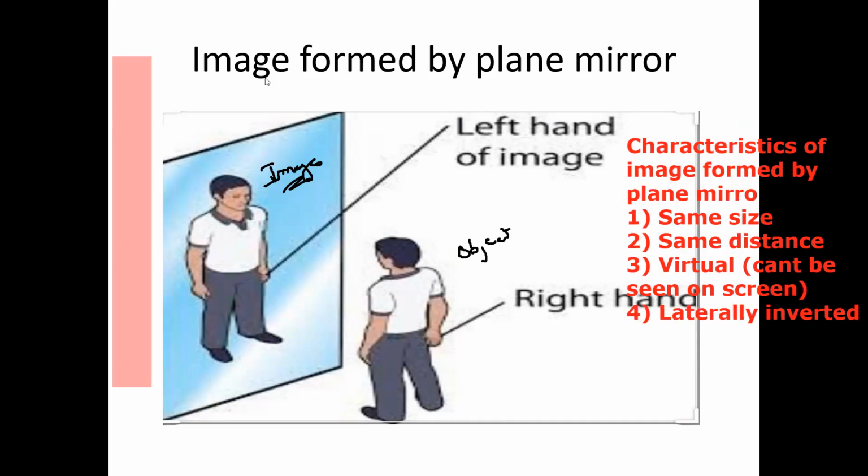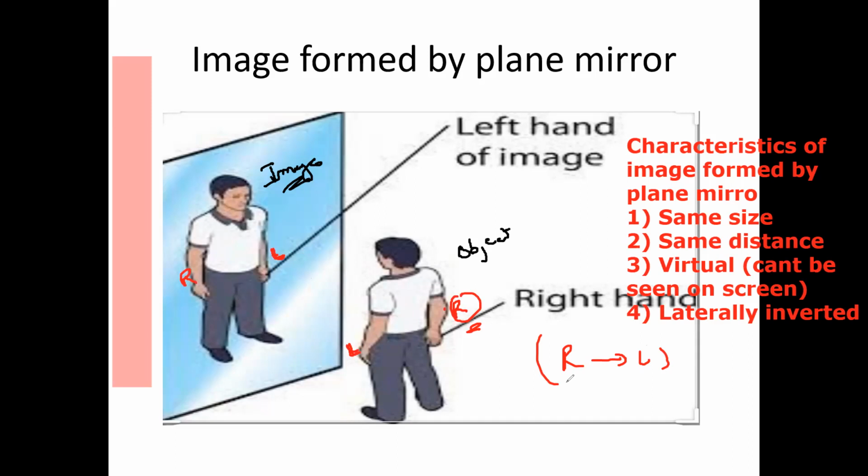Like, for example, if you are standing in front of the plane mirror, this is your right hand, but when you see yourself in front of the mirror, your right hand appears to be the left hand of the image, and your left hand appears to be the right hand of the image. So if left appears right and right appears left, we call that image laterally inverted.